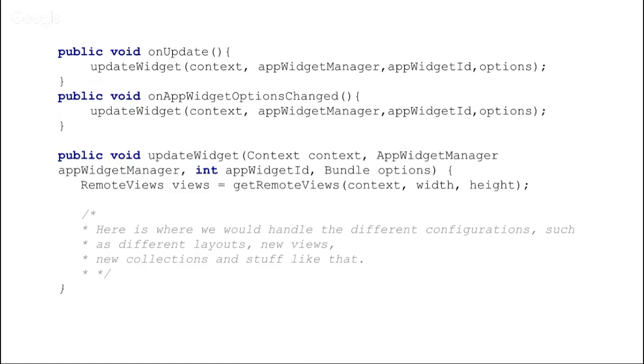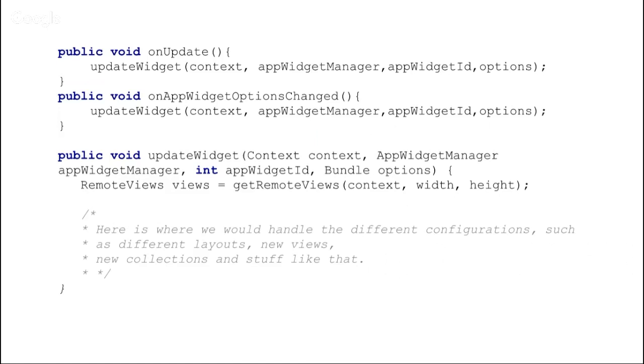So one way to handle this, especially if you're reusing a lot of code, like in this example, is to actually create a separate function that handles everything. That is mostly the onUpdate function that we did, but it's called in both functions.